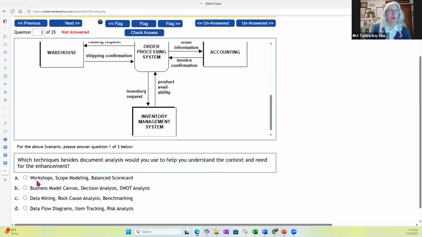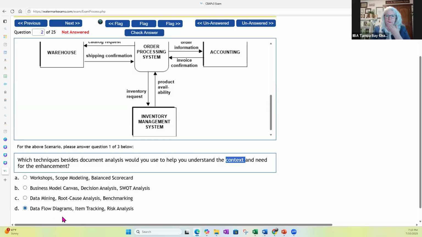So would we use workshops, scope modeling, balanced scorecard, business model canvas, decision analysis, SWOT analysis, data mining, root cause analysis, and benchmarking, or a data flow diagram, item tracking, and risk analysis? You want to understand the context. D maybe.